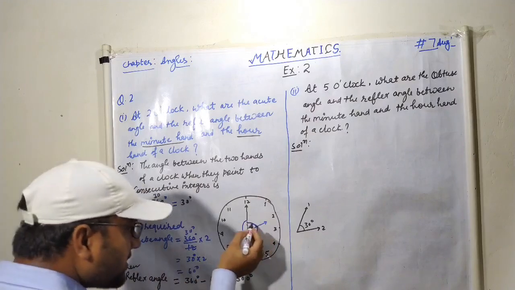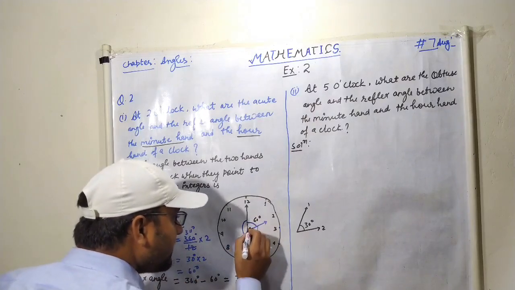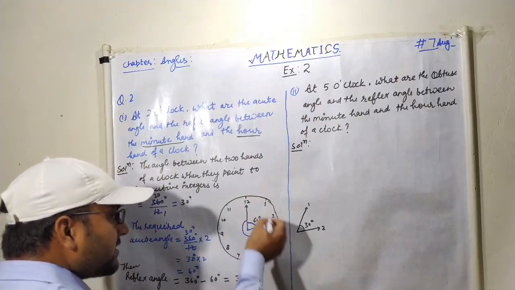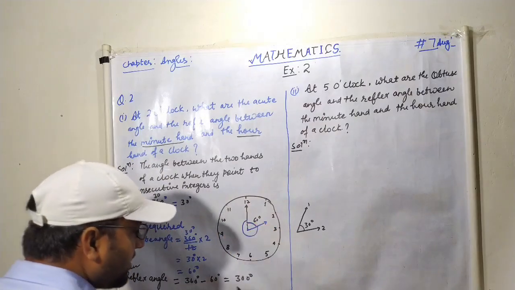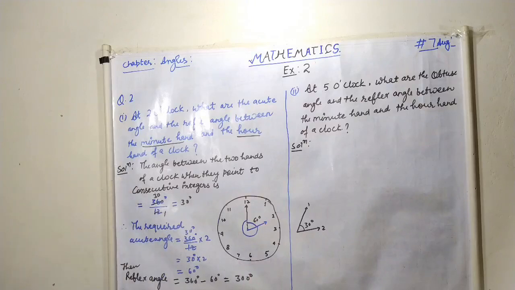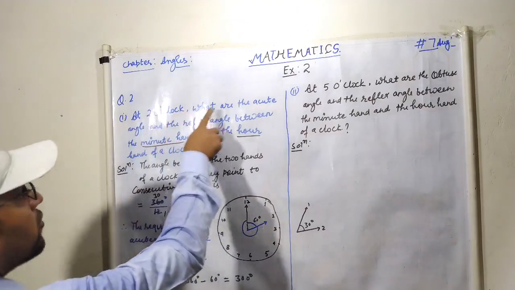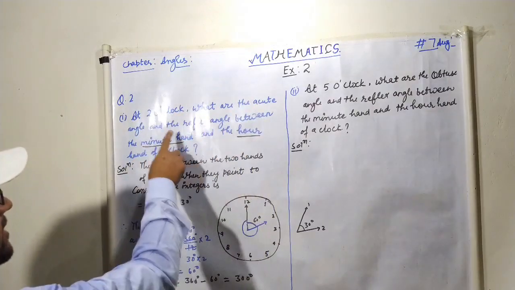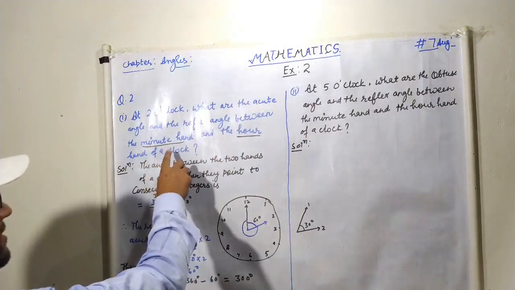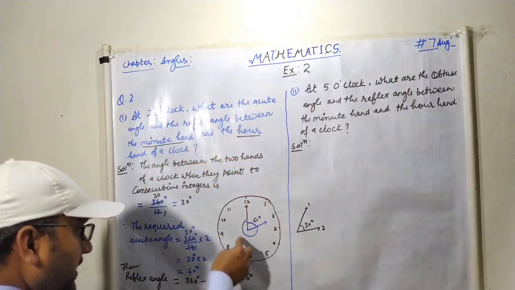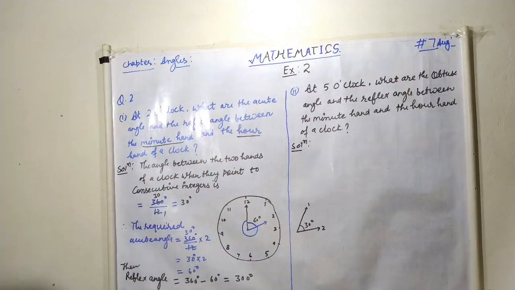You will subtract this 60 degree from the total, which is 360, and you will get 300 degree. So at 2 o'clock, the acute angle is 60 degree. And what about the reflex angle of the minute hand and the hour hand? This is your minute hand and hour hand. This forms a 300 degree.